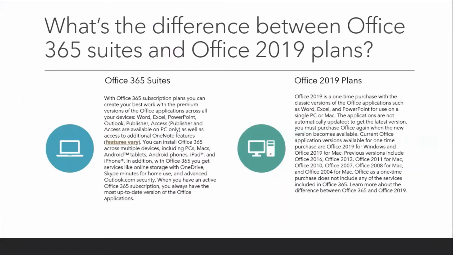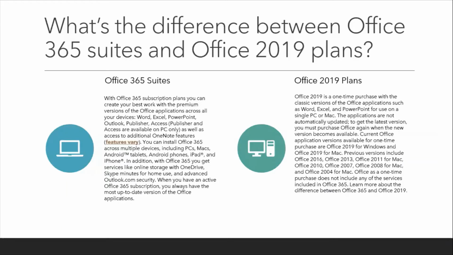I know there's always a lot of confusion about the difference between Office 365 suites and Office 2019 plans. To be honest, there's really no difference. Office 365 suite is basically a subscription service that includes everything. It's got all the different applications included, and it depends which level of package determines which applications are included.